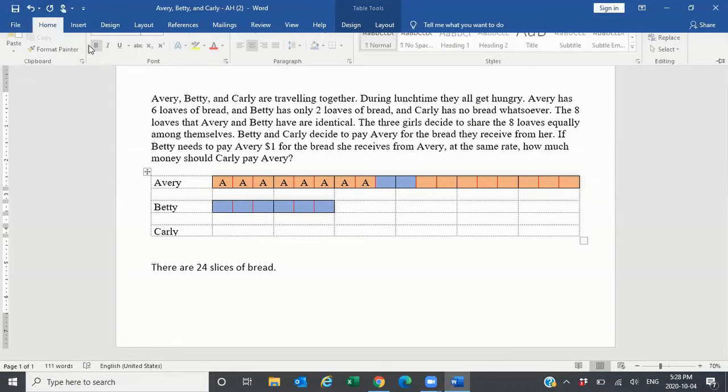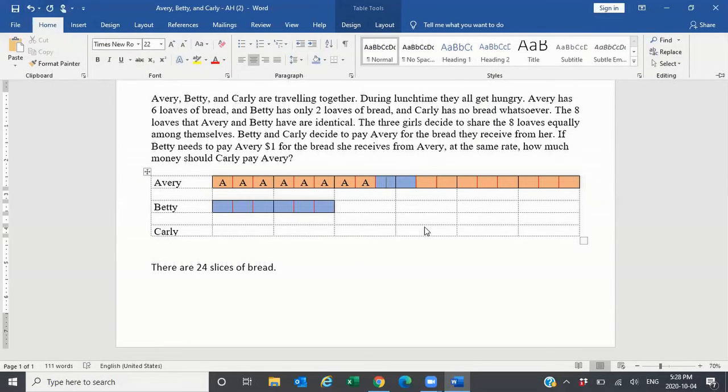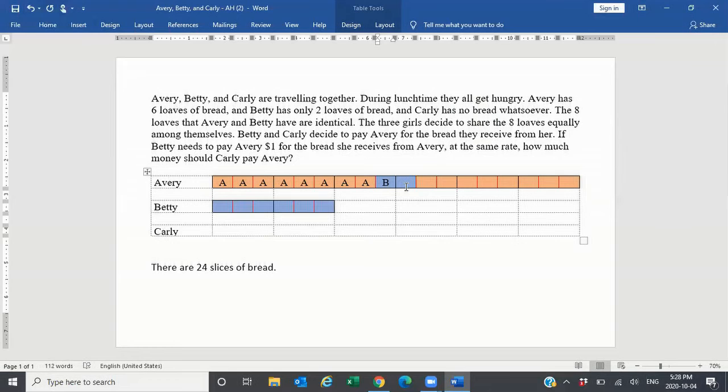Alright, I accidentally made it bold. There. I also need to do that for these ones too. Yep, that was the wrong button. There we go.